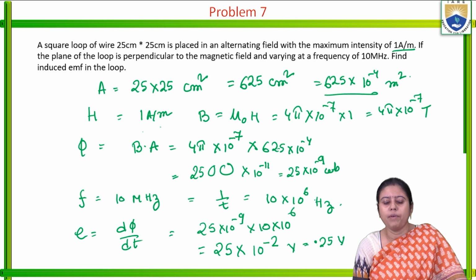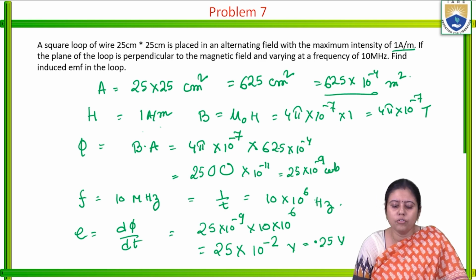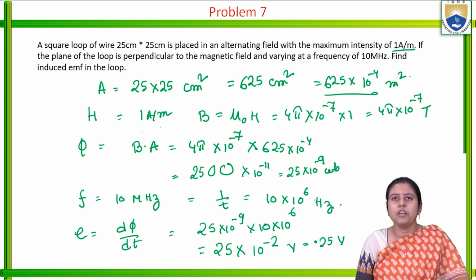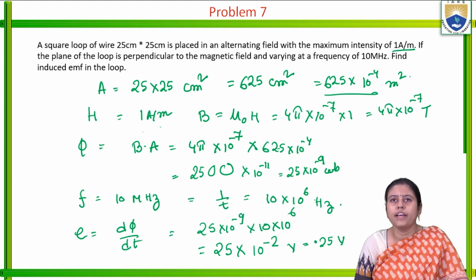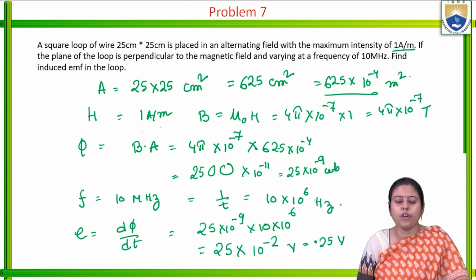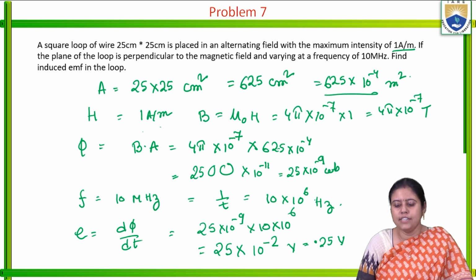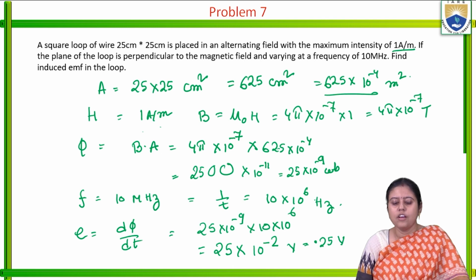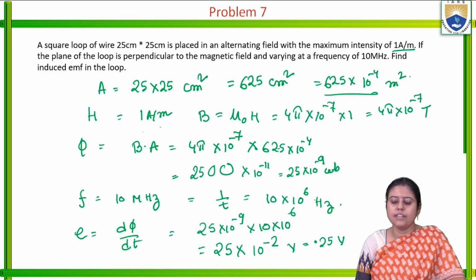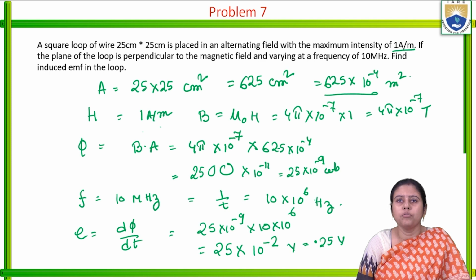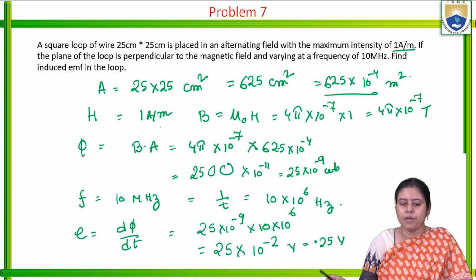So phi is equal to B into A. If we put the value, we will get phi. A value is given in the problem. Then the frequency value is given as 10 megahertz, which is 1 by t equal to 10 into 10 to the power 6. So E is equal to d phi by dt, and if we put the value, we will get the value of the EMF.